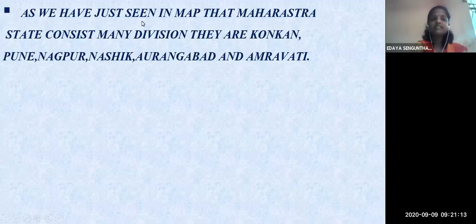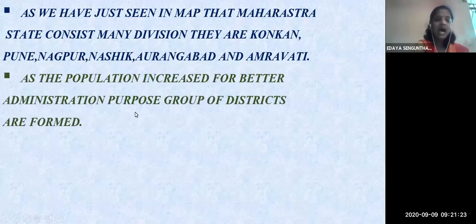The state of Maharashtra consists of many divisions: Konkan, Pune, Nagpur, Nashik, Aurangabad and Amravati. As the population increased, groups of districts were formed to provide the public with better services.